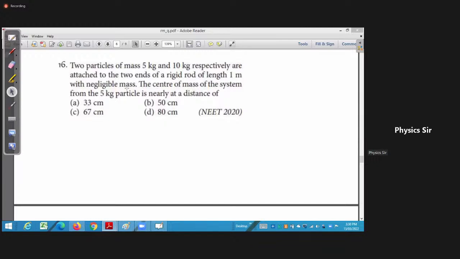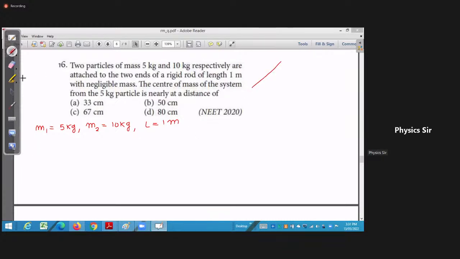So, what is the one mass? M1 is 5 kg. What is M2, the second mass? The second mass is 10 kg. They are attached to the two ends of the rigid rod having the length 1 meter. The center of mass.